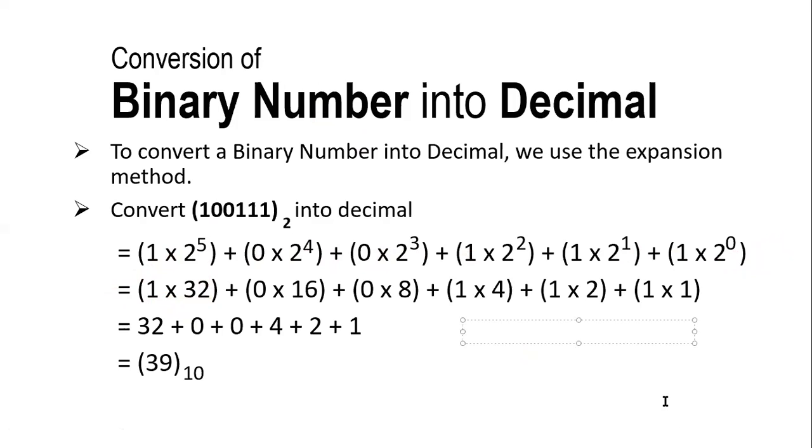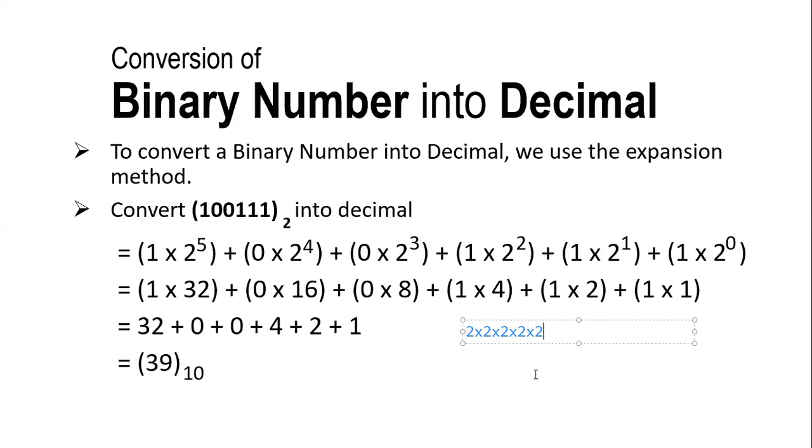We need to solve this 2 raised to the power 5, and we need to keep on writing 2 five times and multiply them all together. This 2 is being multiplied by itself 5 times: 1, 2, 3, 4, 5. That makes it 2 raised to the power 5.